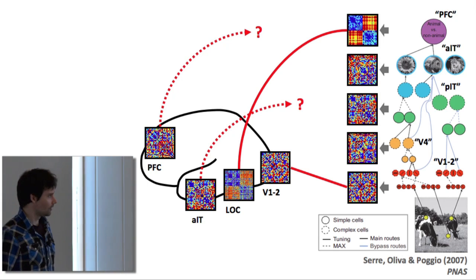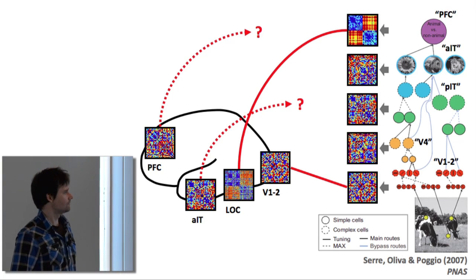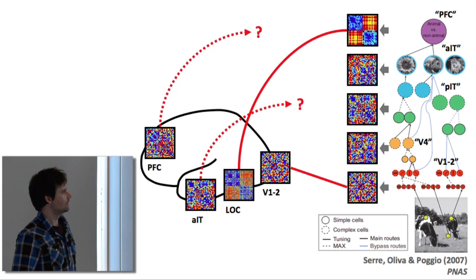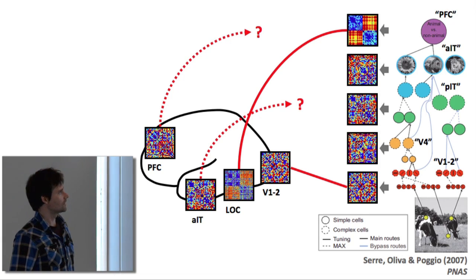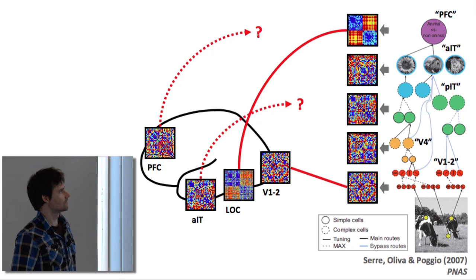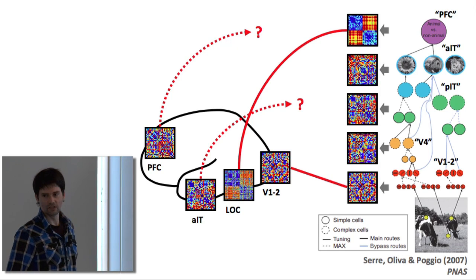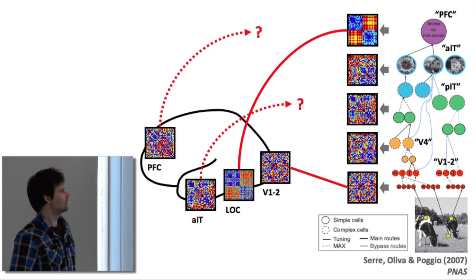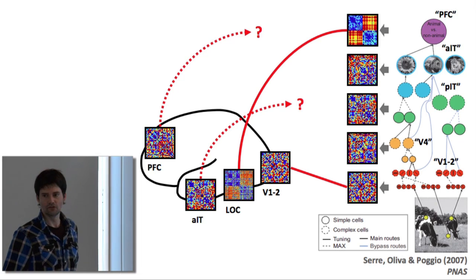And so far, and this is talking more about the future direction for the next 5 years or so, initial evidence suggests that the stage of category distinction, which in this model is associated with prefrontal cortex, looks most similar to what we see in LOC in the human, right? And this raises the interesting question of what AIT in the human is doing and what PFC in the human is doing.